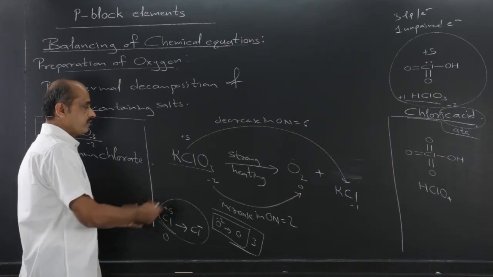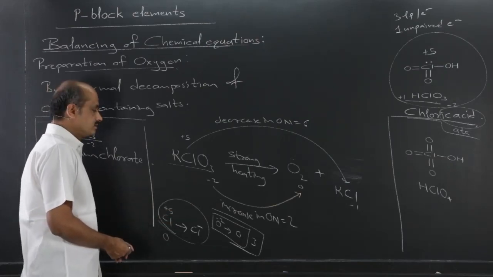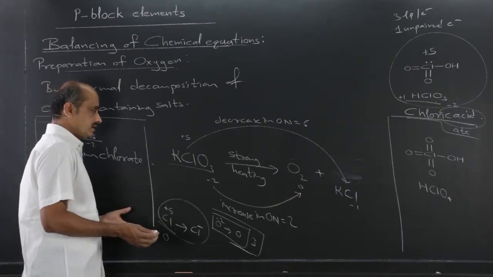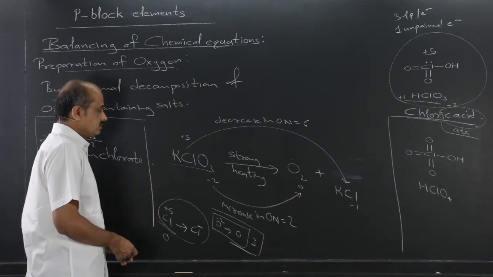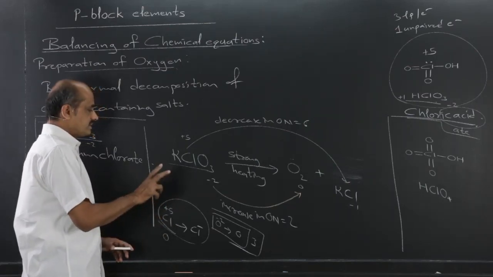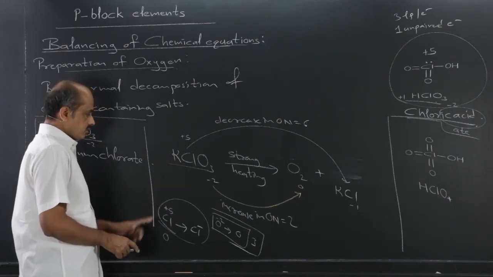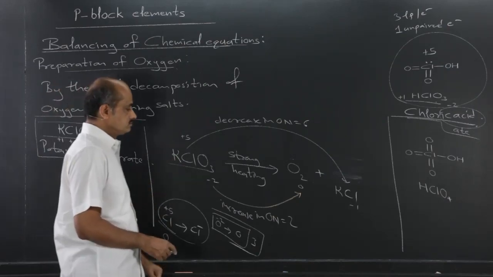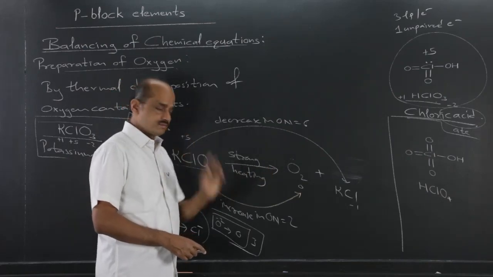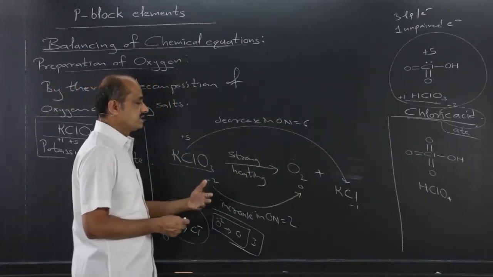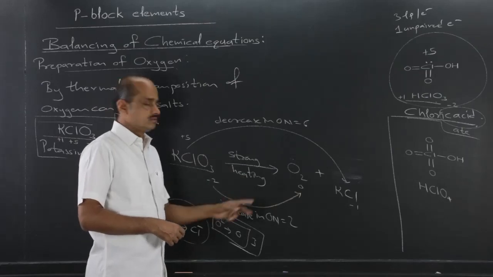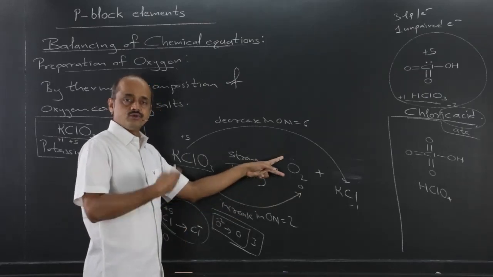Now such type of various reactions up till now we have considered. Just we are again adding few more examples to it. So if this is clear to us, 1 atom of chlorine, 3 atoms of oxygen. Because oxygen is present in the form of O2, 2O2, 3O2 molecules.